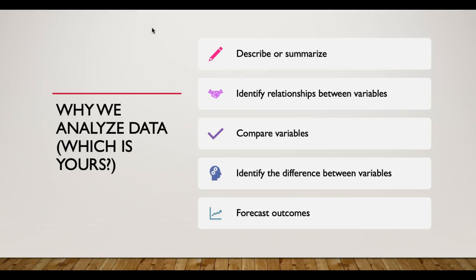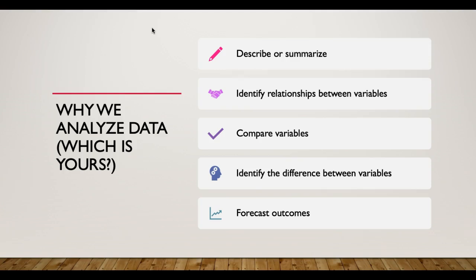Your study might identify relationships between variables. So let's say we want to study the effectiveness of an orientation program. There might be a relationship between one variable, which is the length of the orientation program, and another variable, which might be the length of time an employee stays at the company. So we might discover a relationship where a longer orientation program might lead to an employee staying longer in the company.